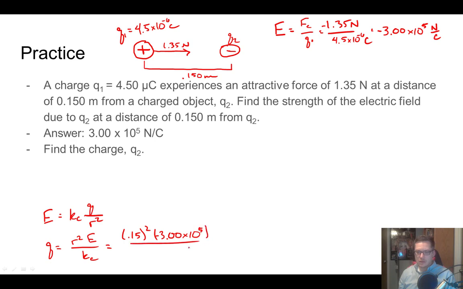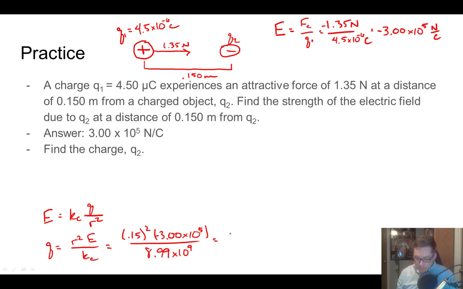All right, and then our Kc value is Coulomb's constant, 8.99 times 10 to the ninth. All right, so we get 0.15 squared times our negative answer divided by 8.99 e to the ninth.